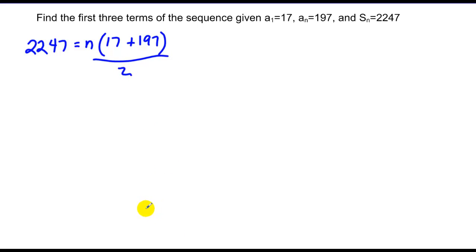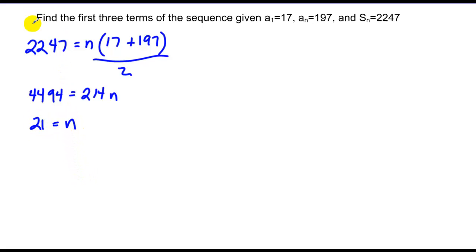So now I can find the number of terms in that sequence. I multiply by 2 to the other side of the equation, and I get 4494 is equal to 214n, and then I divide and end up with 21 terms.